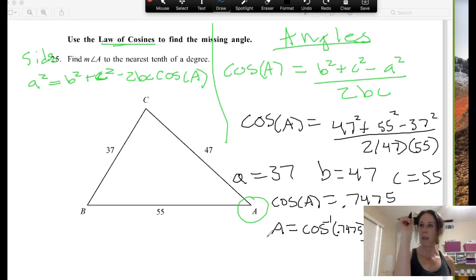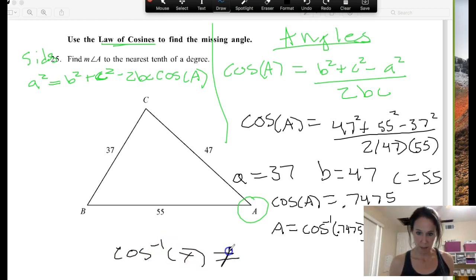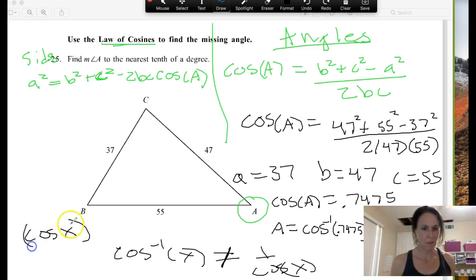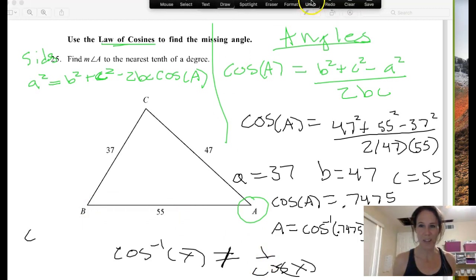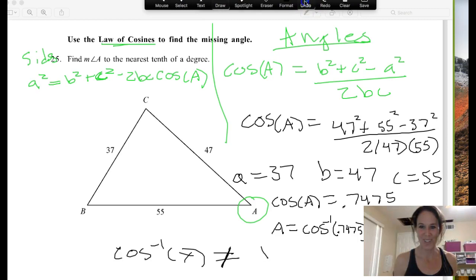No. The cosine with that little -1 there means inverse cosine. It does not mean 1 over cosine x. Cosine of x, if you took that and then put a -1 here, that could mean this. But careful with that notation. I hate that they use that notation because that's so confusing. I like the arc cosine.